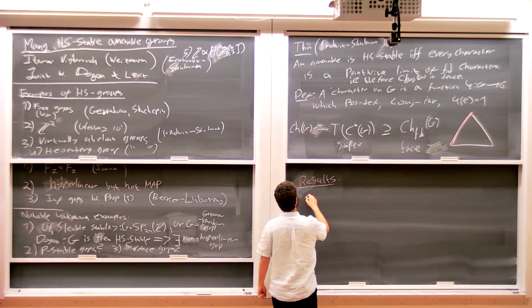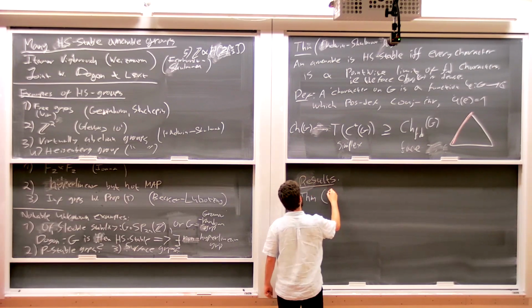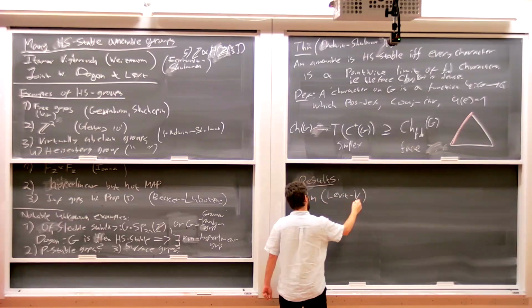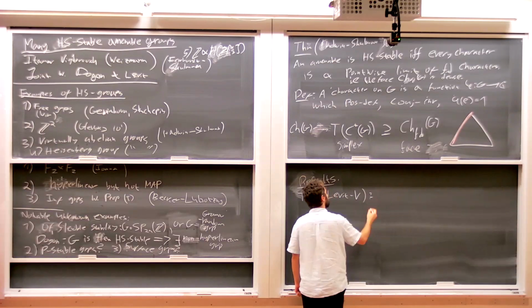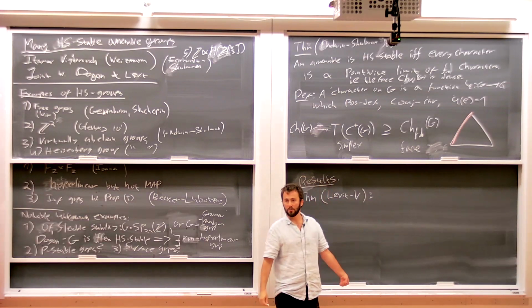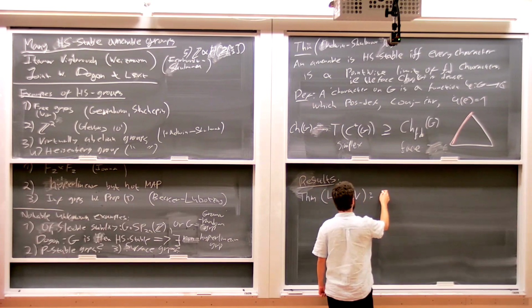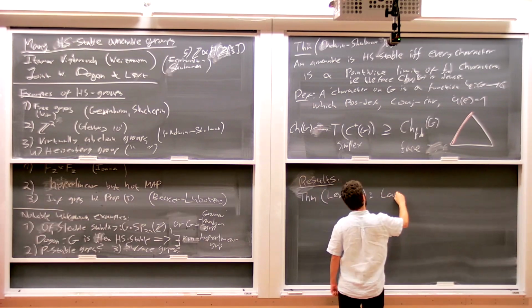The results are the following. The first result: I'll just state some of the groups we know how to show are Hilbert-Schmidt stable. It's not a complete list.